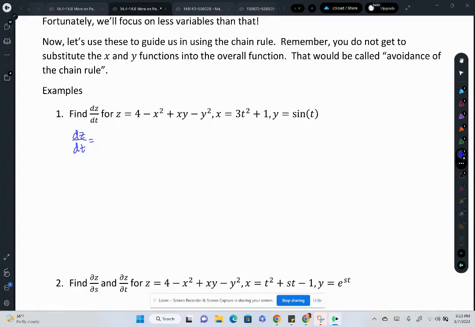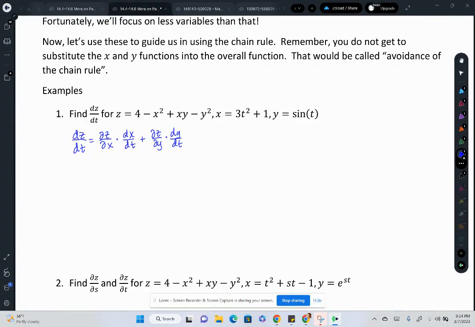So down the x branch, leading us down to t, we would be taking a partial of z with respect to x, multiplying that with dx dt. Plus, we would take the partial of z with respect to y, so now I'm on the second branch, times dy dt. So this is just telling me all the parts that I need to calculate. So I'm going to go ahead and calculate those pieces, and then I'll just pop them in.